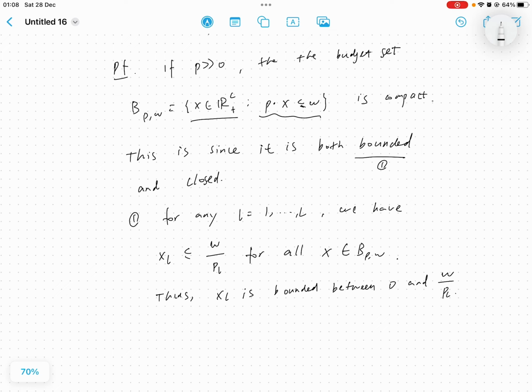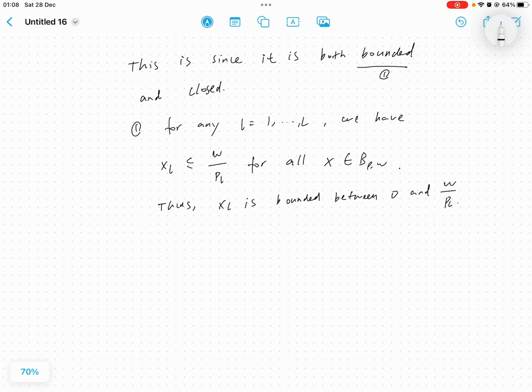So now we have shown that this set of all those x's in this budget set is compact, and then the utility function u on a compact x always has a maximum value, okay.